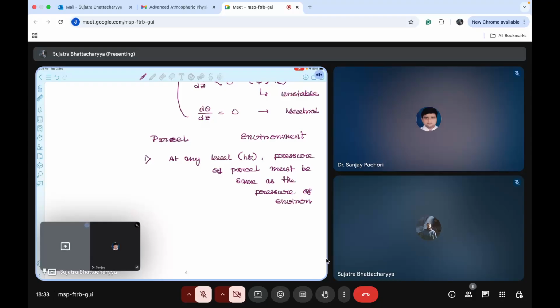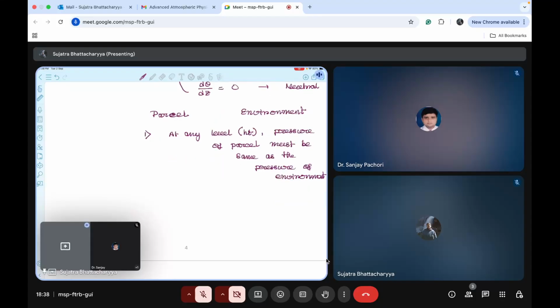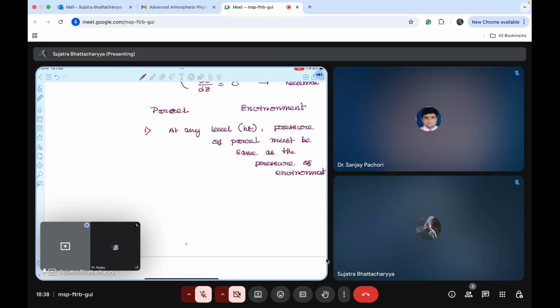This has to be true. This is one of the assumptions of the parcel theory.